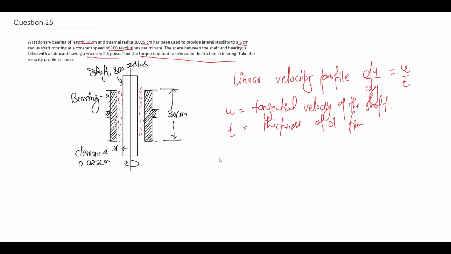Here it is the linear velocity profile. After this, the shear stress, which is tau, is equal to mu du/dy, so I can write it as mu u/t, as written by me in the outline.